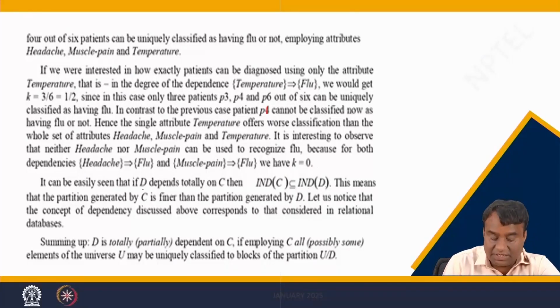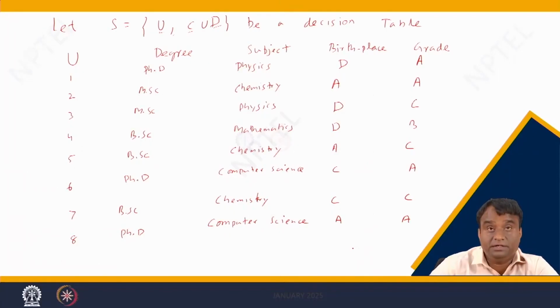It can be easily seen that if D depends totally on C, then indiscernibility relation C is a subset of indiscernibility relation D. This means the partition generated by C is finer than the partition generated by D. Let us notice that the concept of dependency discussed above corresponds to the one considered in relational databases. Summing up, D is totally or partially dependent on C if employing C all elements of the universe may be uniquely classified to the blocks of the partition U by D.